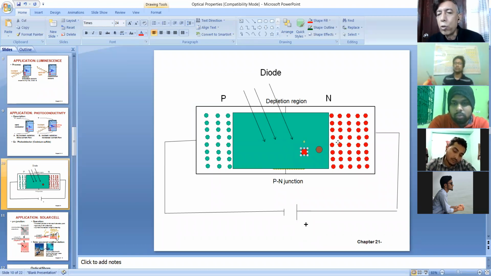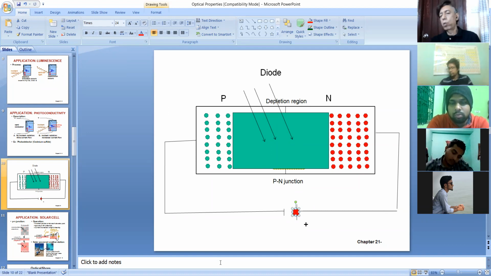This electron will go from this side to this side, and you will find a current. So in a reverse biased diode, where there was no current, after light falls on it, you will find current.